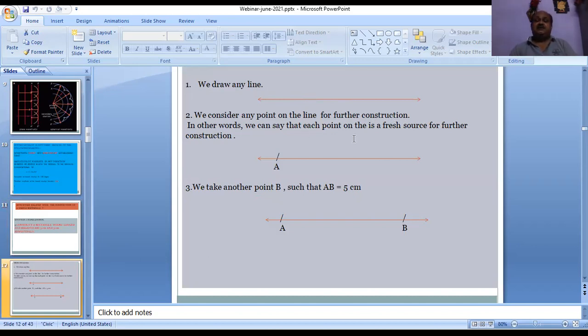In other words, each point on it is a fresh source for further construction. So this point A we can take anywhere on this line. Now we take another point B such that AB equals 5 centimeter. In the wavefront, we have taken 4 points. Here we have taken only 2 points.